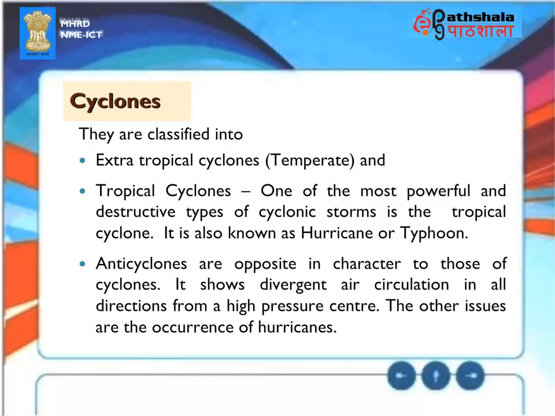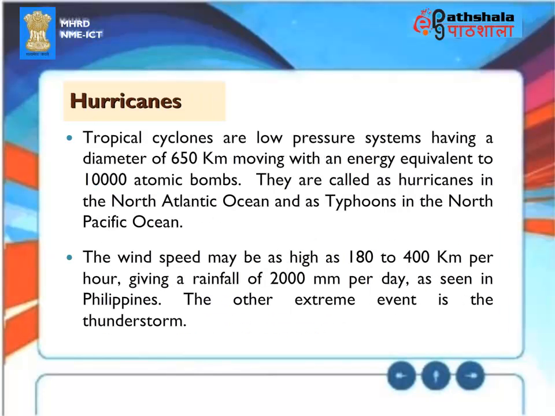Anticyclones are opposite in character to those of cyclones. It shows divergent air circulation in all directions from a high pressure center. The other issues are the occurrence of hurricanes. Hurricanes. Tropical cyclones are low pressure systems having a diameter of 650 kilometers, moving with an energy equivalent to 10,000 atomic bombs.